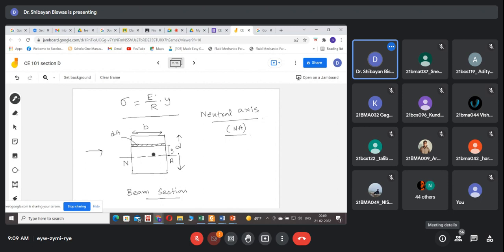on the elemental area. Only this area now we are talking about. Whatever the stress is, E by R into Y, if we multiply by the elemental area dA, we get the force acting on this elemental area.